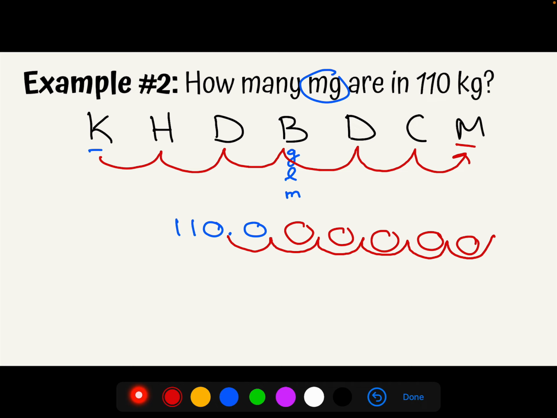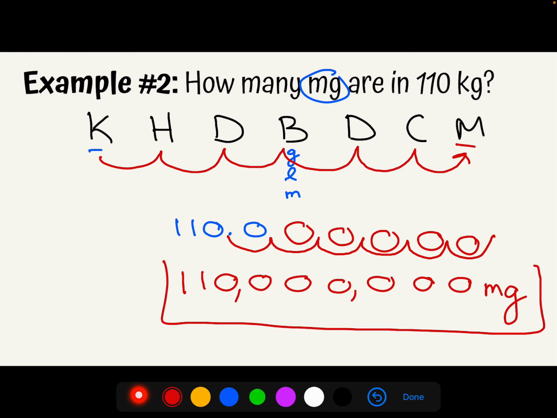So I'm going to rewrite my number with all my new zeros. Comma here, comma there. And so my answer is that in 110 kilograms, there's 110 million milligrams. Don't forget to write your units. 110 million milligrams.